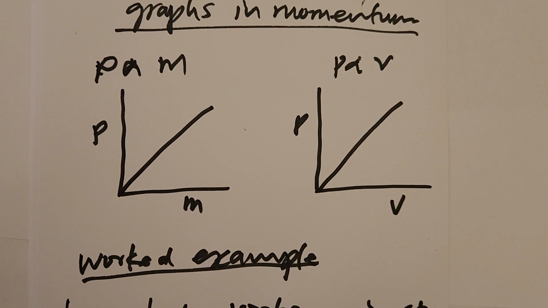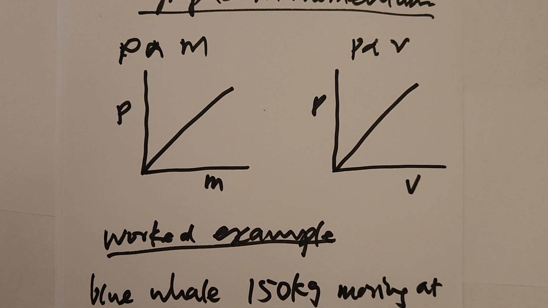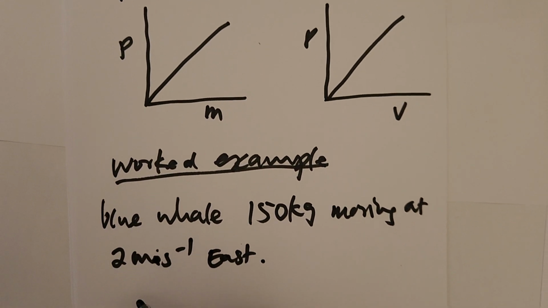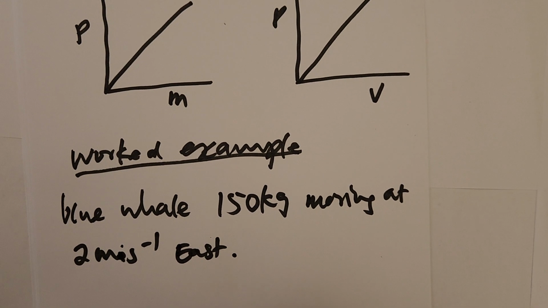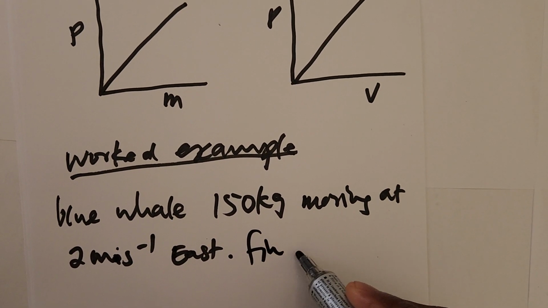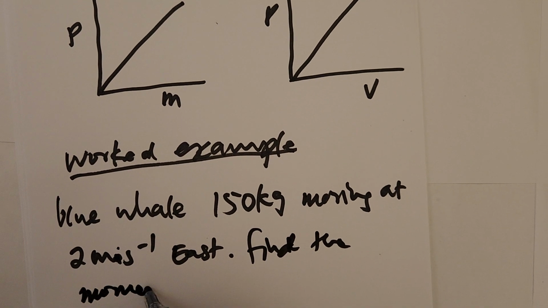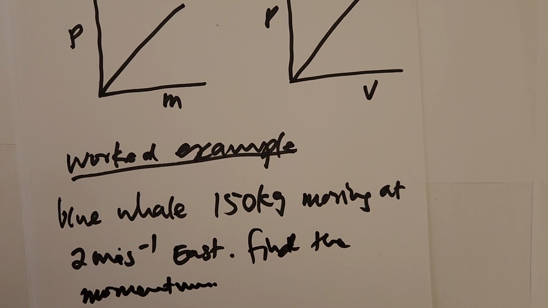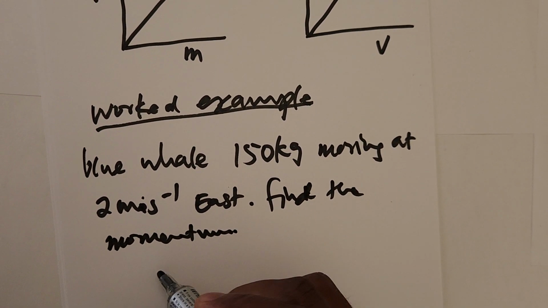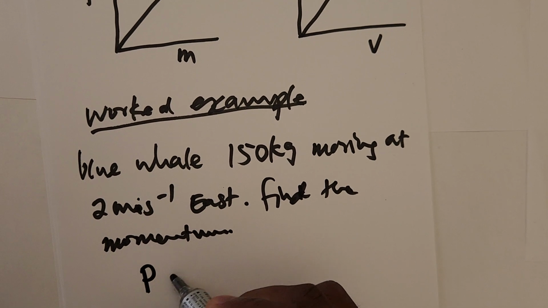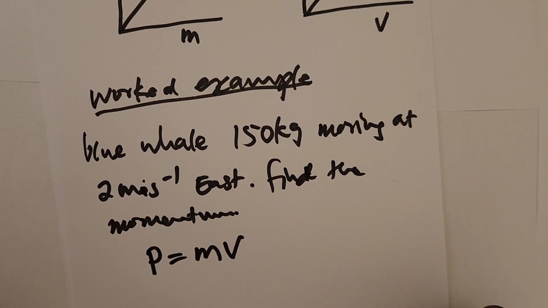Calculate the momentum of the blue whale. Now what do we do? Every time we calculate momentum, let's start with the formula. The formula is P equals mv.